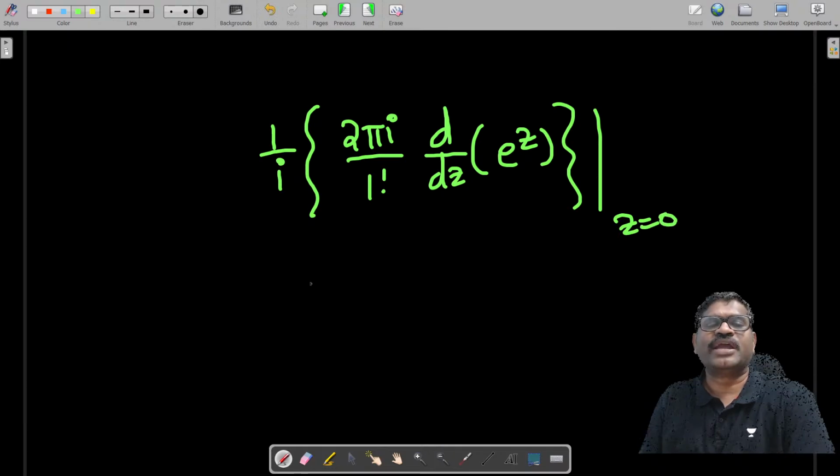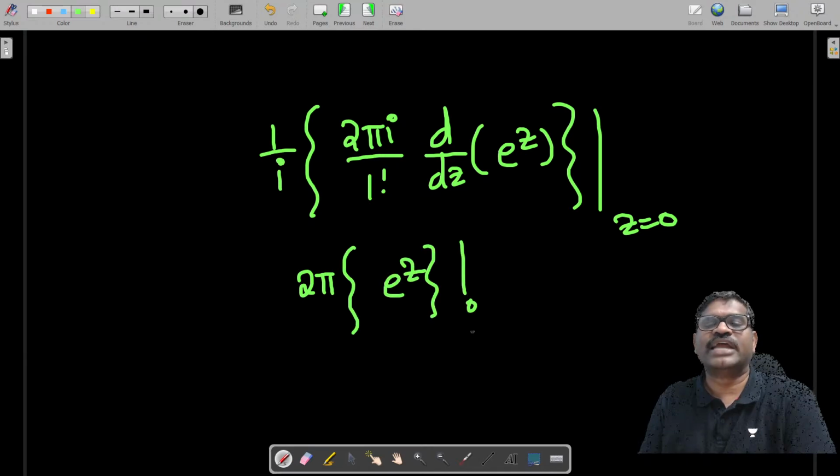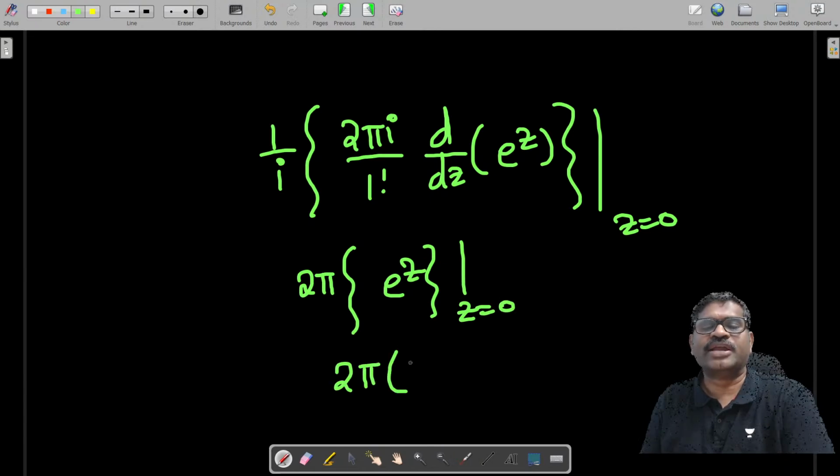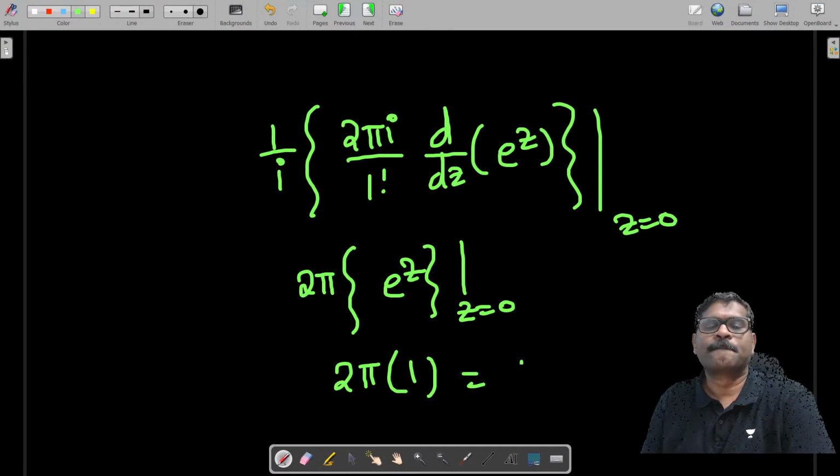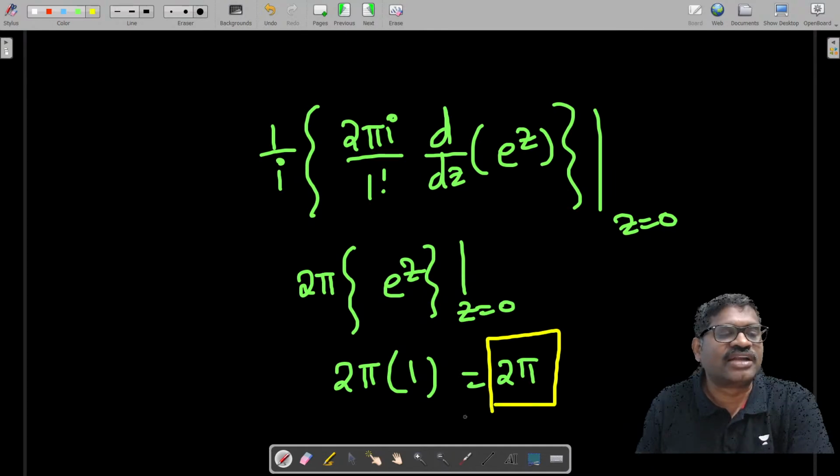Now 2 pi i by i, 2 pi, differentiation of e power z is e power z, at z equal to 0. That is 2 pi into e power 0, which is 1. Final answer is 2 pi.